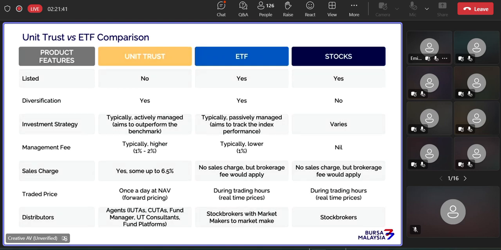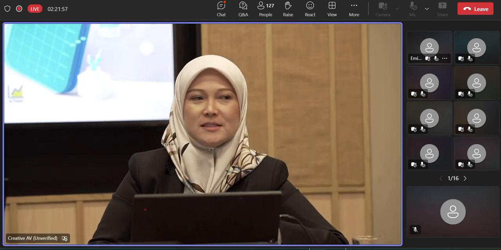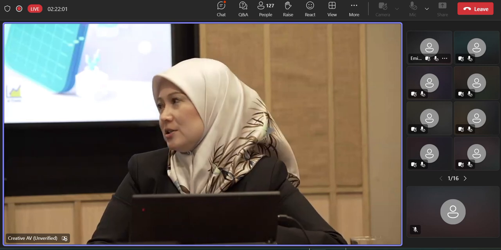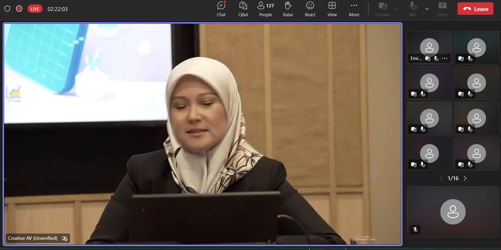Okay, and the sales charge, no sales charge for ETF, but of course, if you need to invest in the stock market, you need to pay the brokerage fee. And investing in unit trust, there's a sales charge because who is selling the unit trust to you is the unit trust managers, or unit trust consultant. So there's a sales charge that you need to pay the unit trust consultant.